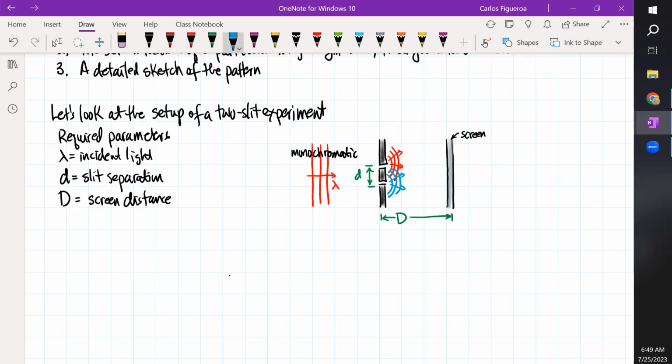We've already said this, but I'll say it again: these are two coherent light sources.